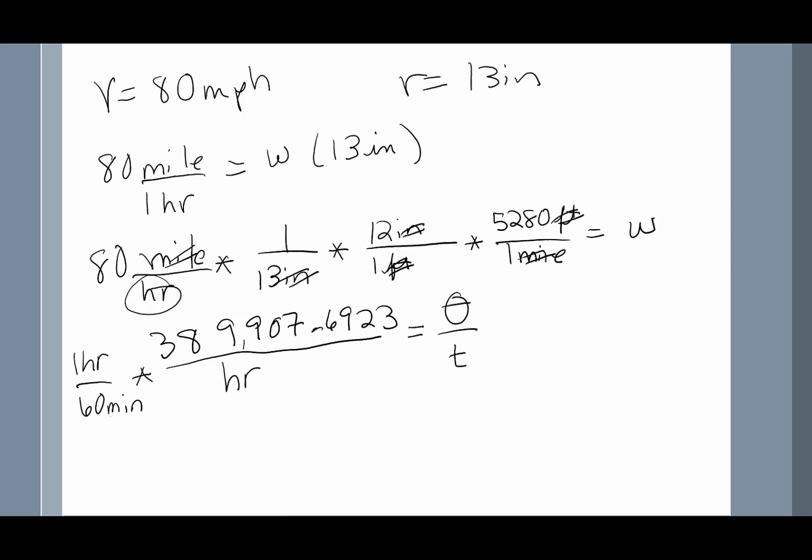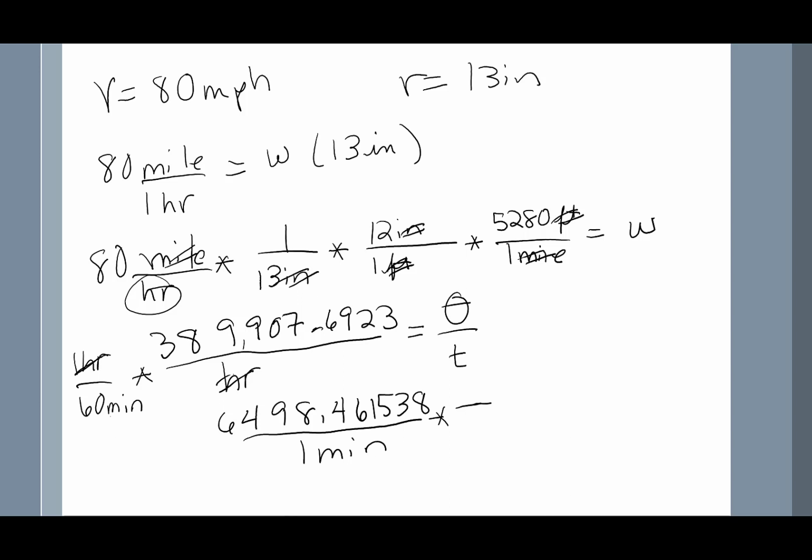So we say there's 60 minutes in an hour. The hours are going to cancel out. So I have my 389907.6923 divided by 60. Now I have this 6498 point. I'm going to keep everything 461538. This gives me the radians per minute.